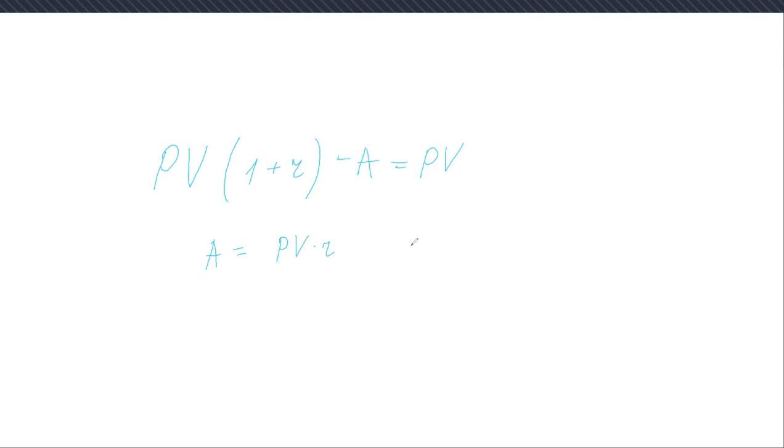So A will be... Okay, so this return rate, is this the annual return rate? No, it's not the true formula. PV multiplied by 1... Okay, let me... Maybe. Okay.